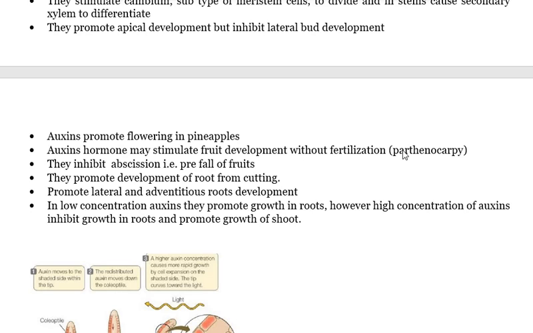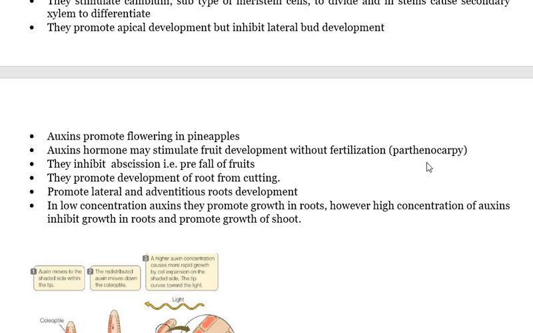Fruit is the result of fertilization. However, auxins can stimulate fruit development in some of the plants without fertilization, and that is what we call parthenocarpy. And if you are asked to define it, parthenocarpy is the development of fruit without fertilization.